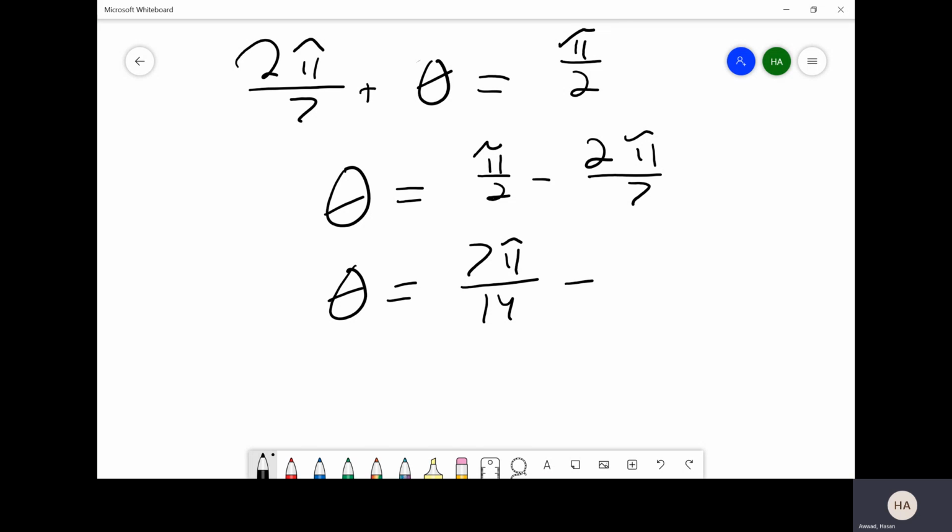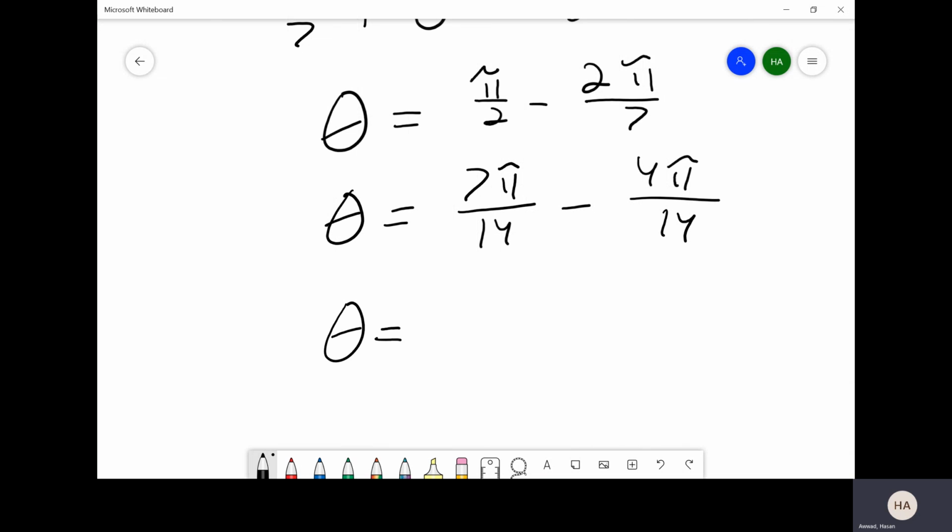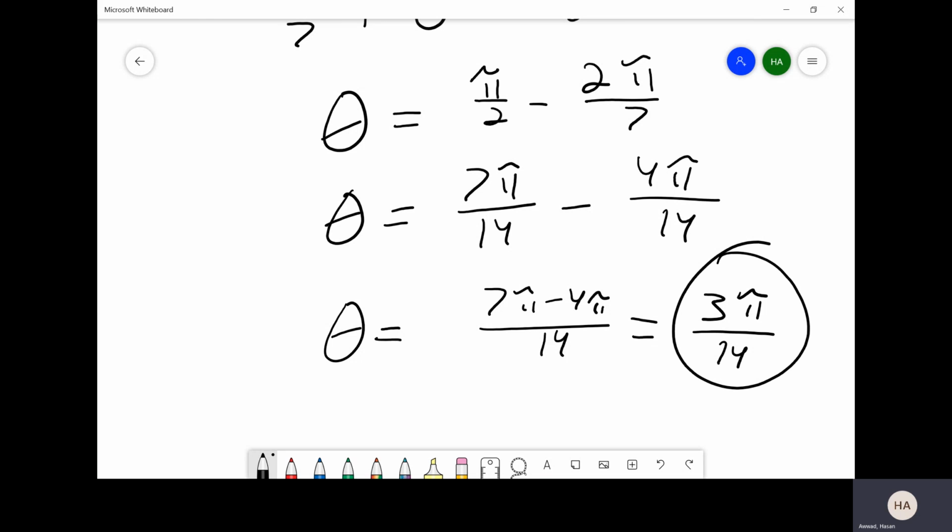And for this one, I'm going to multiply top and bottom by 2, which gives me 4 pi over 14. Now that I have common denominators, we can just subtract the numerators, which means 7 pi minus 4 pi over 14. And that gives me 3 pi over 14. So we now have our final answer in radians, which is 3 pi over 14.